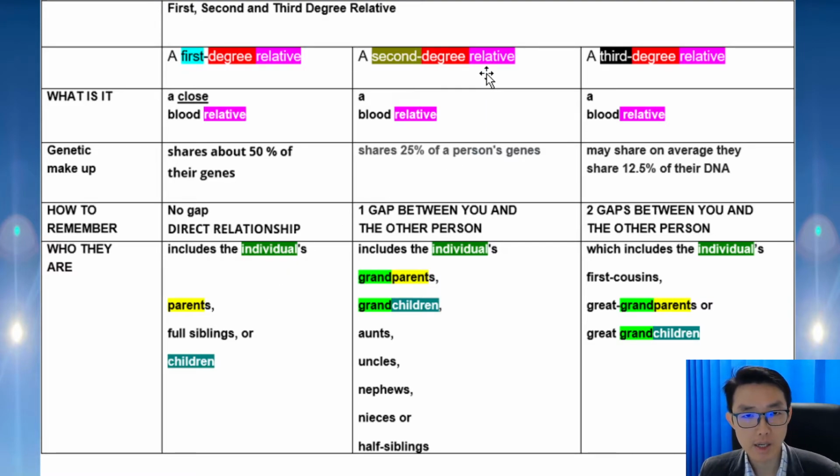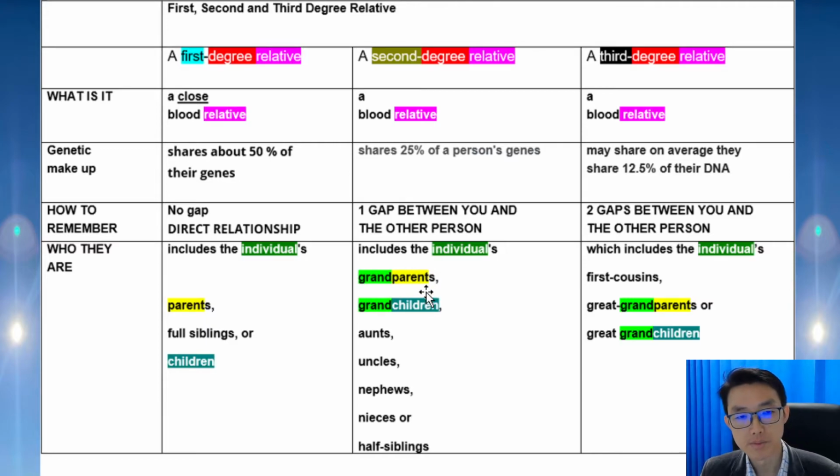In contrast, a second degree relative is also a blood relative, but shares only about 25% of a person's genetic makeup. This means that there is a gap between you and the other person.